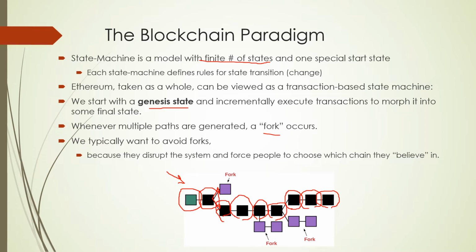Usually the existence of forks is not pleasant, and we typically want to avoid forks because they disrupt the system and force people to choose which chain they believe in. So it's going to create some difficulty for users of the network to reach consensus, because Ethereum relies on the longest chain consensus.